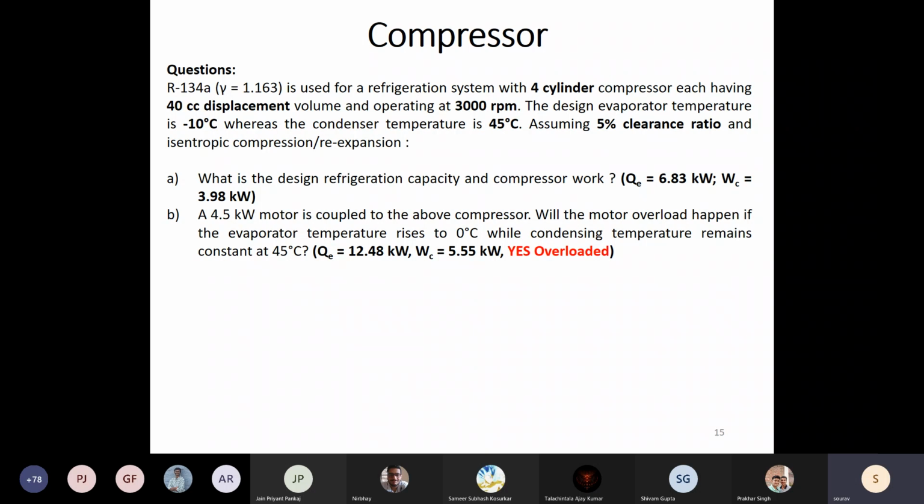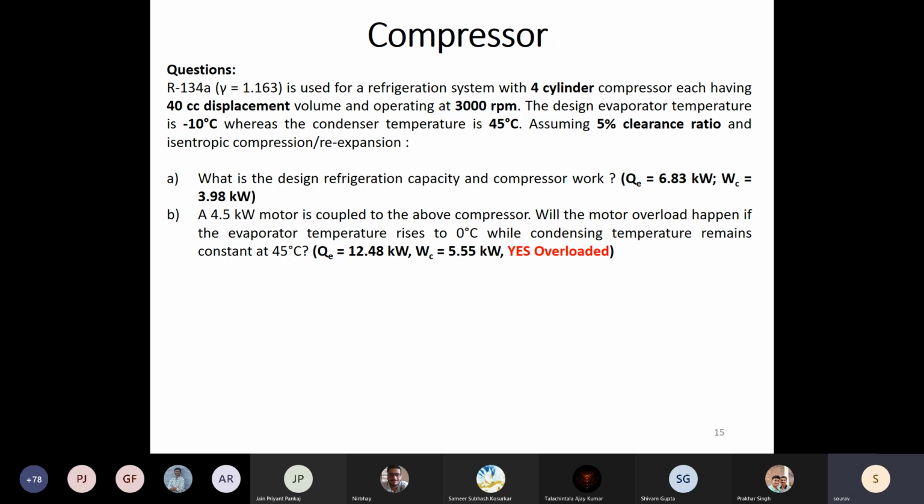The design evaporator temperature is -10 degrees C, whereas the condensing temperature is 45. Assuming 5% clearance ratio, which is very high, and isentropic compression and re-expansion process. To answer the following, what is the design refrigeration capacity and what is the compressor work?